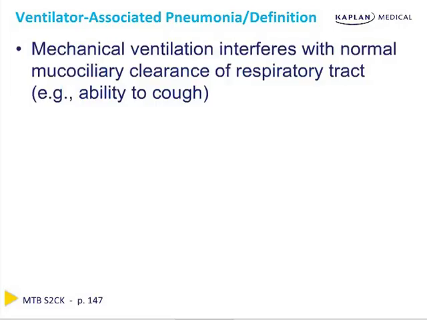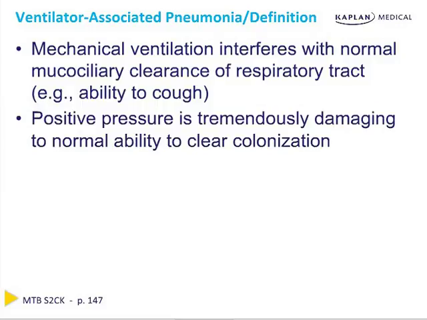One type of hospital-acquired pneumonia would be that associated with use of the ventilator, or a ventilator-associated pneumonia. These are important to distinguish from other types of hospital-acquired pneumonia because mechanical ventilation interferes with normal mucociliary clearance of respiratory tract infections. For example, the patient is unable to cough.